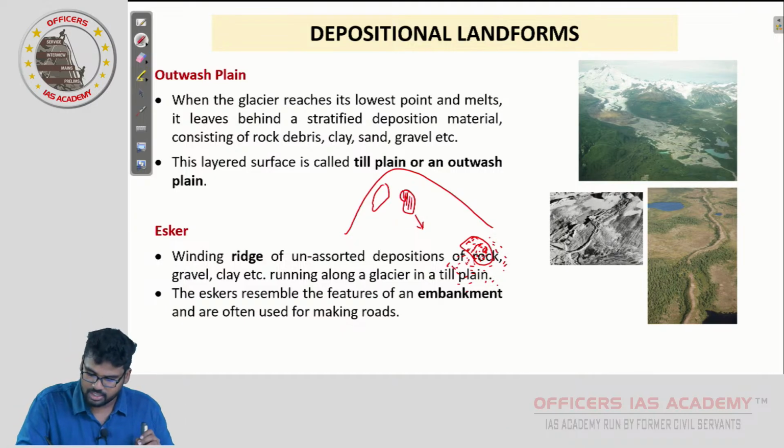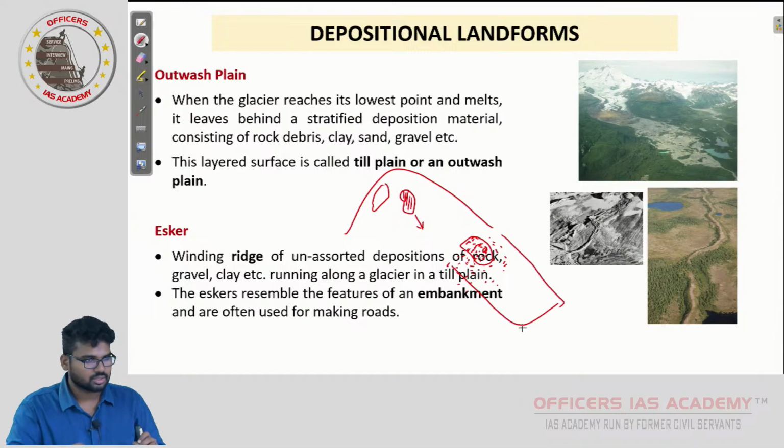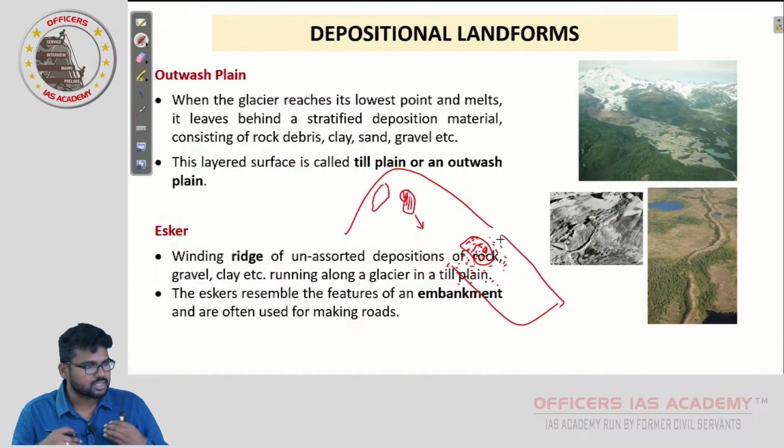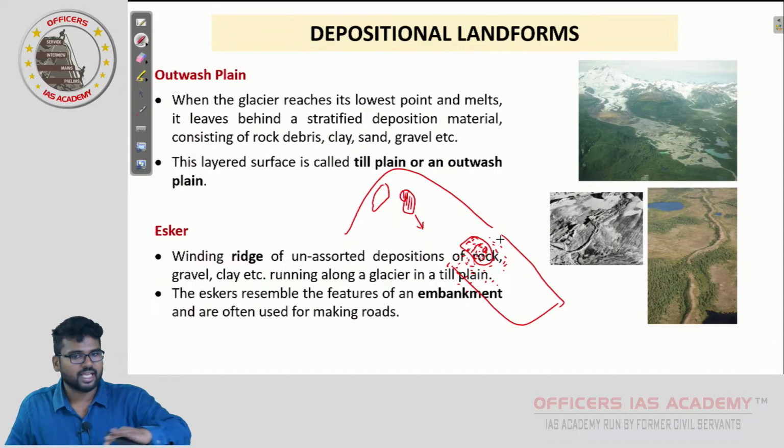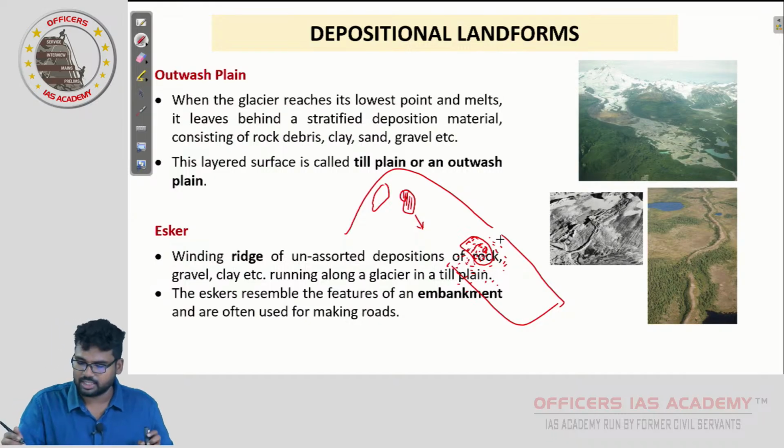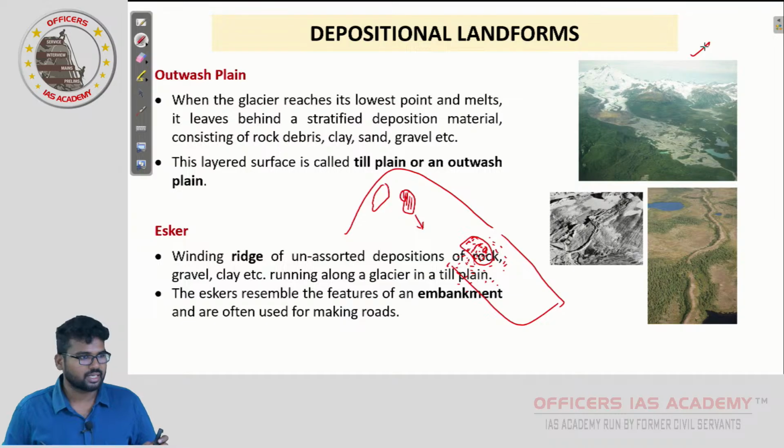So in this region, like normal plain regions, when it comes down from the mountains, it starts depositing the material in the area and creates a plain kind of region. That plain is what we call an outwash plain. Maybe the diagram may not be clear, but if you look at this image, you get the clear picture.